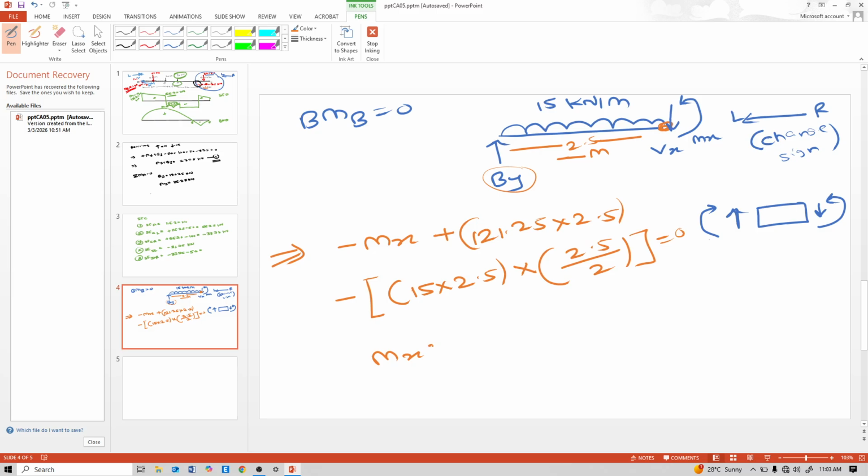So this Mx is equal to 121.25 into 2.5 minus 15 into 2.5 into 2.5 by 2 equal to 0. So it is 256.25.